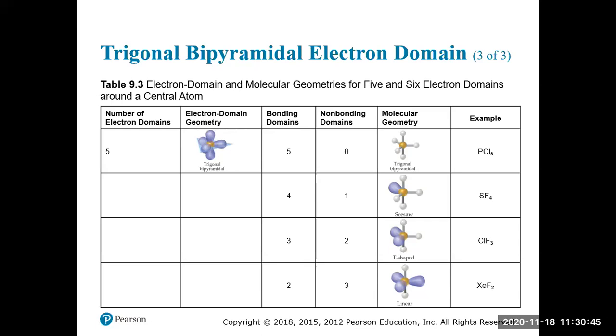And finally, the last one is we have three pairs of non-bonding electrons, three lone pairs, and that fills up that equatorial plane. All three are now lone pairs of electrons, and that leaves us with a linear configuration.